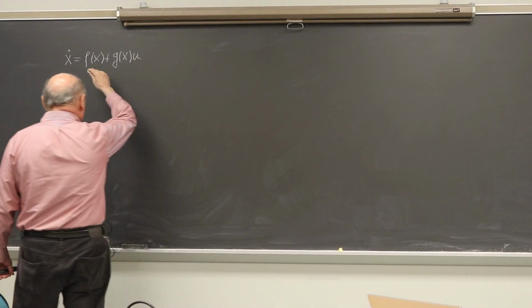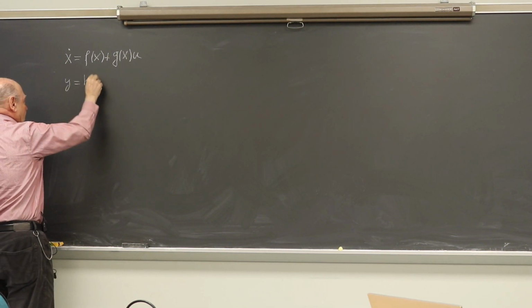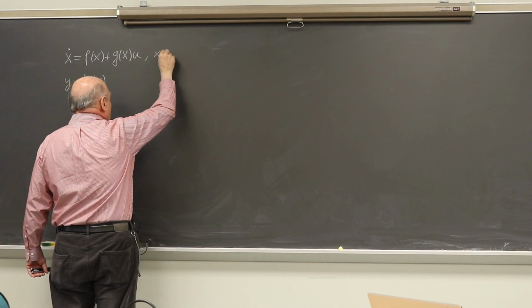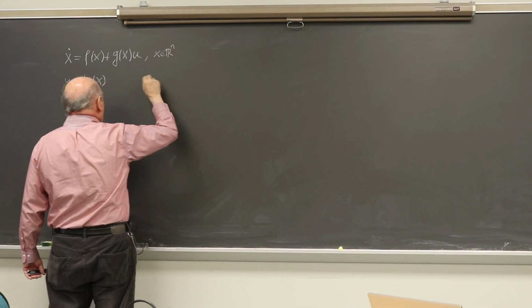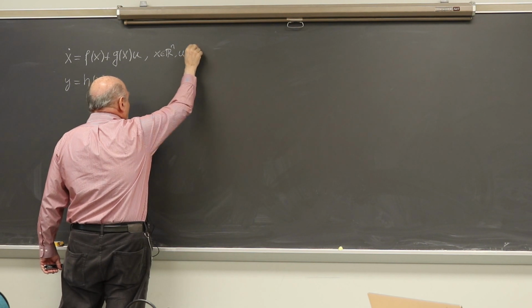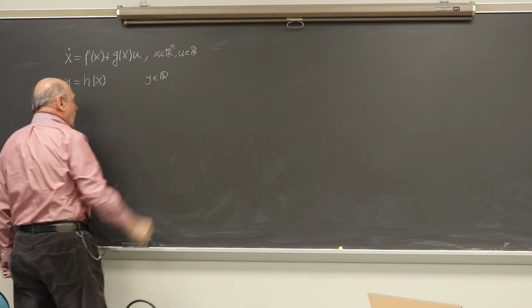So we saw that when the system exhibits a scalar output, here x is an element of Rn and u is an element of R, and of course y is a scalar output.